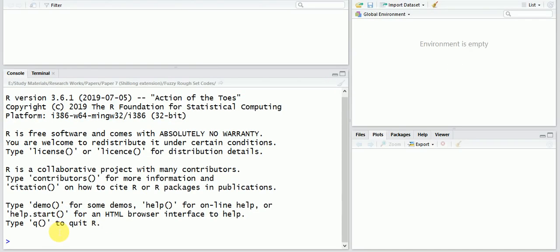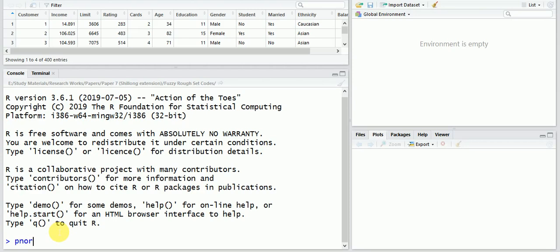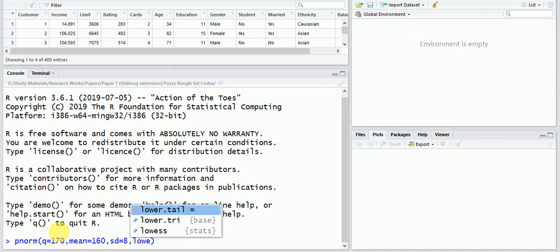So here I'll type pnorm, where q is equal to 170 and mean equal to 160, sd equal to 8, that is the standard deviation, and I need the upper tail, so I will write lower.tail equal to FALSE, because I need the x value which is greater than 170.